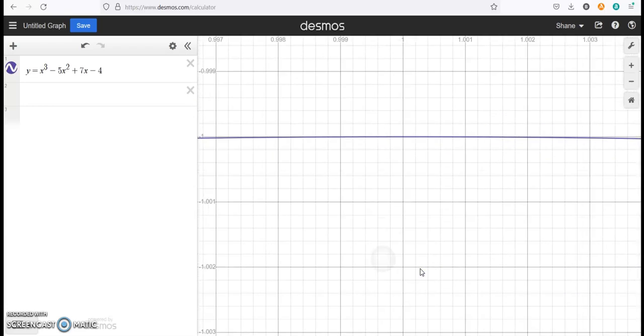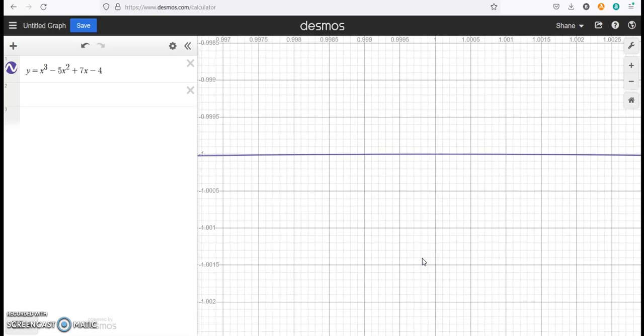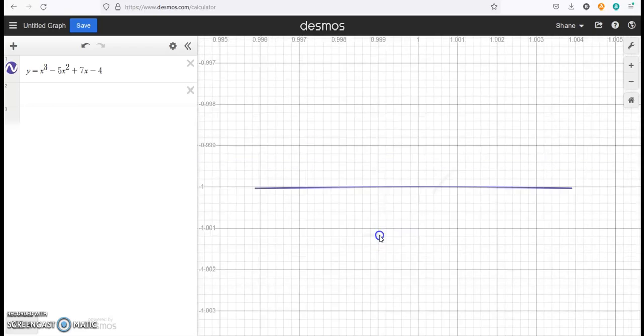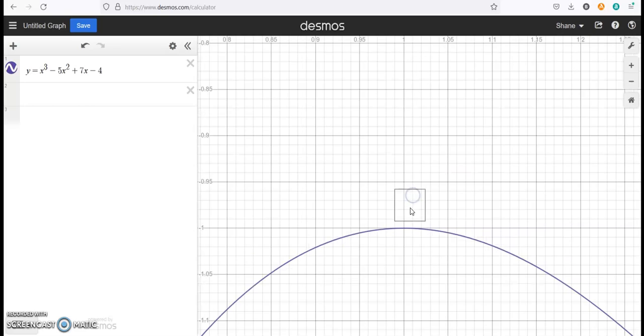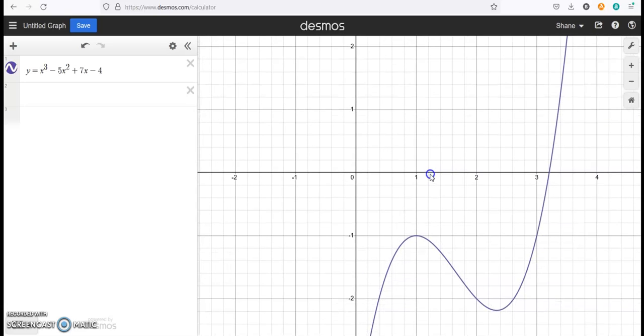So you see, even though I was at possibly the worst case scenario on that curve when I started looking at it, now it really does look like a line as I look at the point 1, -1. So any function that's differentiable I can do that with.